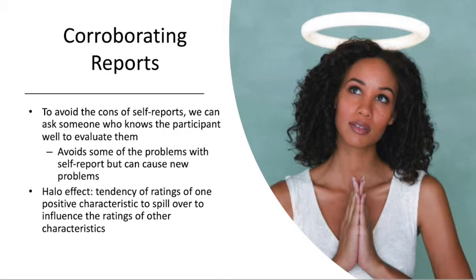So if you find the person attractive, you're also more likely to think they're honest. You're also more likely to think they're trustworthy. You're also more likely to think they're more successful. And we call that the halo effect. And that can, of course, also skew corroborating reports, okay, which is something that is very, very difficult to avoid, unfortunately.